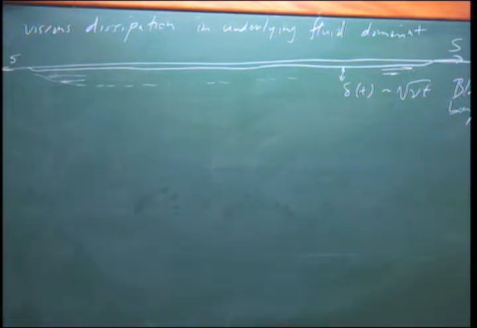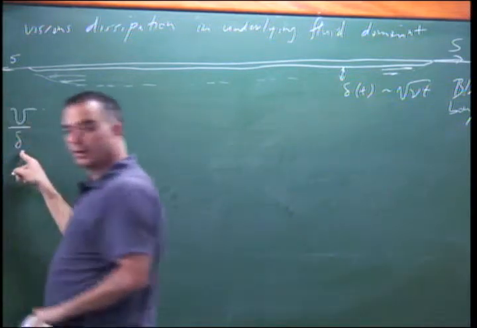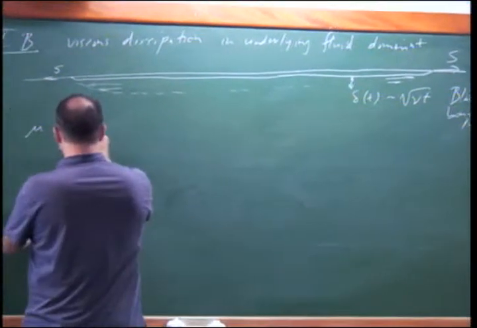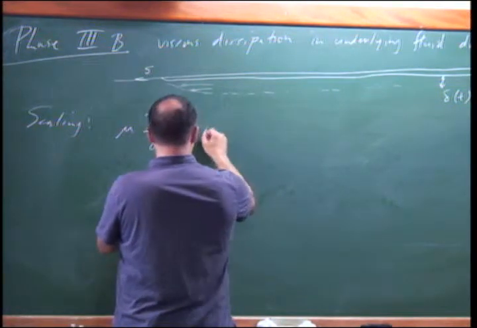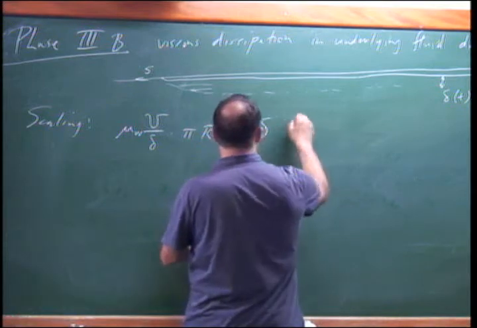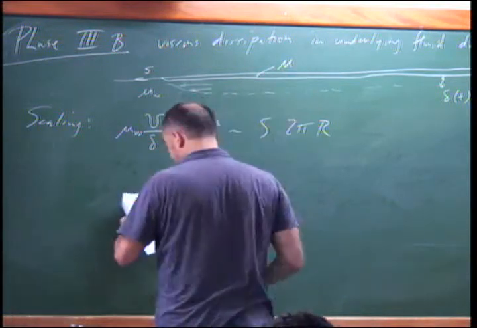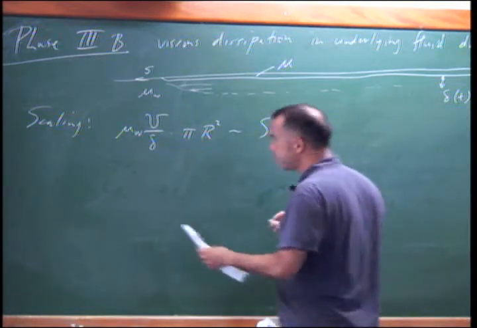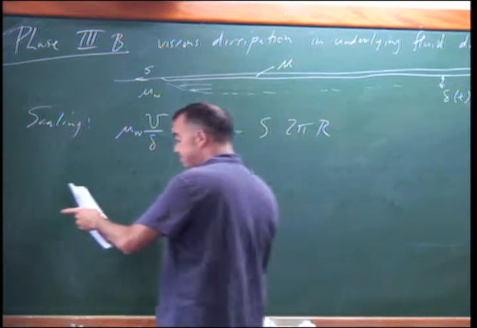Okay, so the scaling then looks as follows. Mu u, this characteristic viscous stress is now based on the lower boundary layer thickness, and this is going to be the viscosity of the second phase, let's call this water, pi r squared, S 2 pi r.